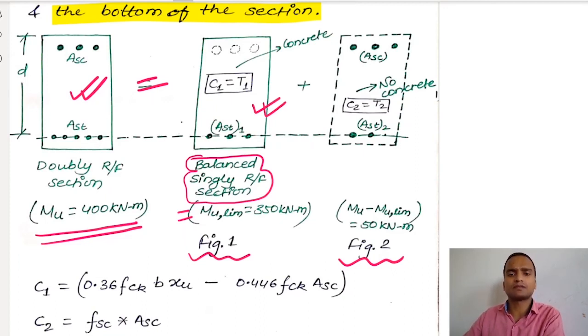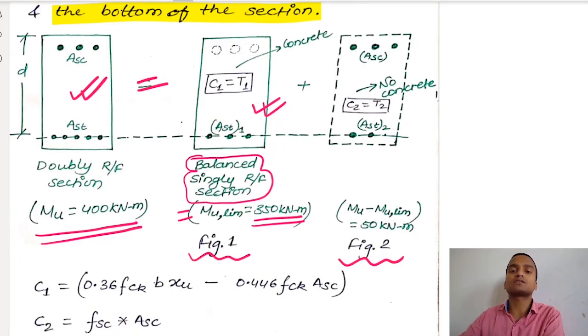If it carries 350 kilonewton meter, then we also have to provide some extra steel in this beam. So we have made another picture in which we have shown a dotted line.